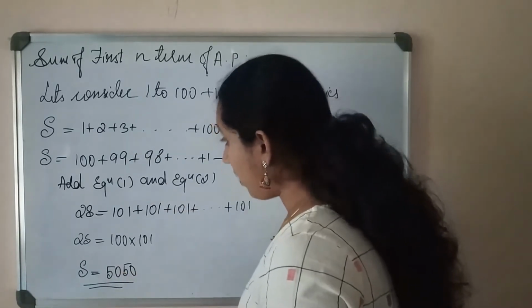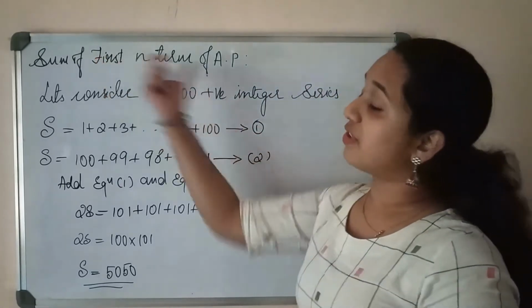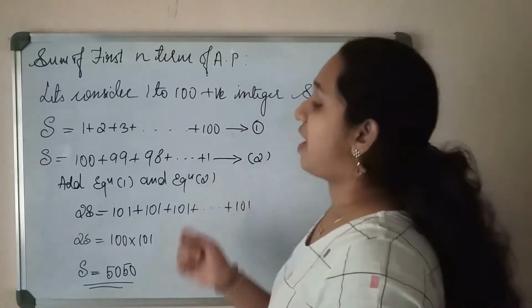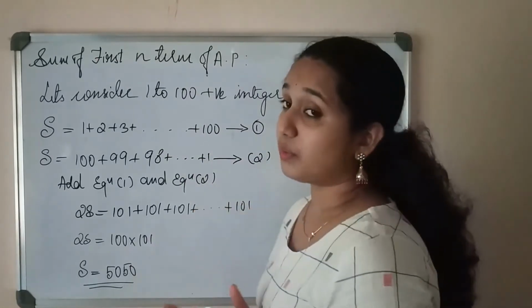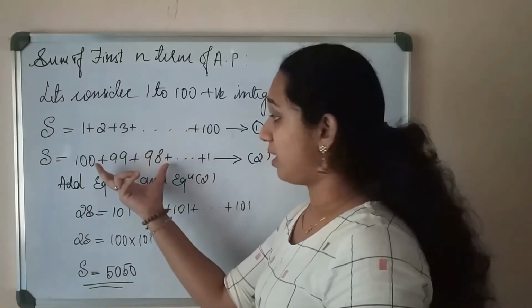Now I'm going to use this technique to find the sum of first n terms of arithmetic progression. Instead of adding 1 plus 2 plus 3, I considered two equations, one in forward order, one in reverse order.